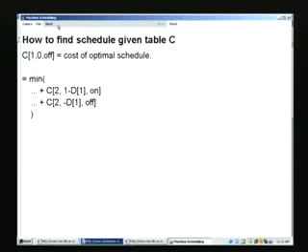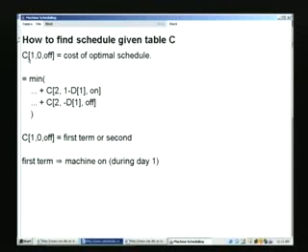Okay. So we simply check whether C1 is equal to the first term or the second term. It is the minimum, so it should be equal to at least one of these. If C1 off is equal to the first term, what do we know? Well, we know then that this must be generated by using the first term or by keeping the machine on during day 1.